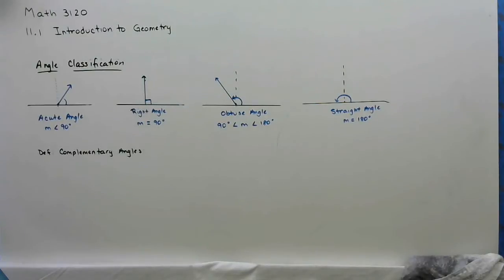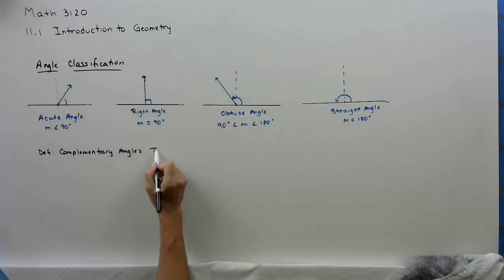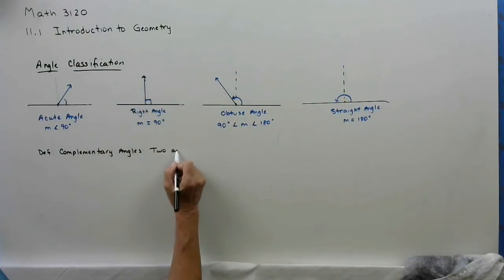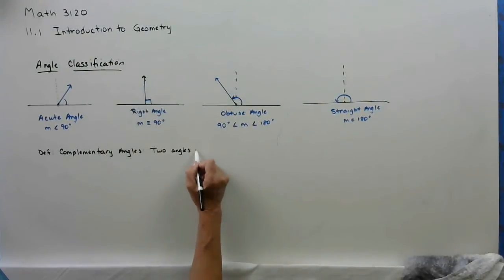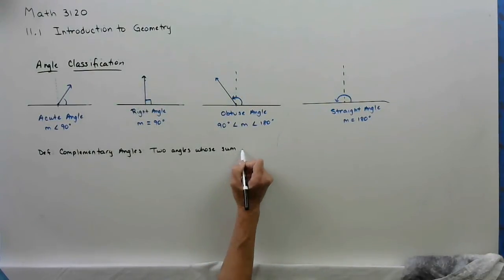These are two angles whose sum, so when you add them together, is 90 degrees exactly.